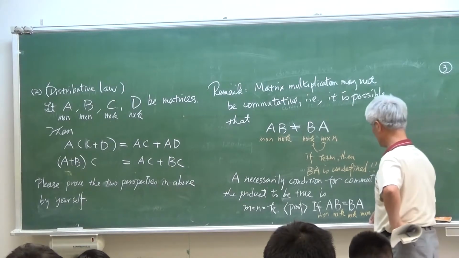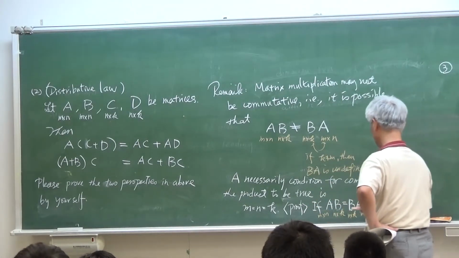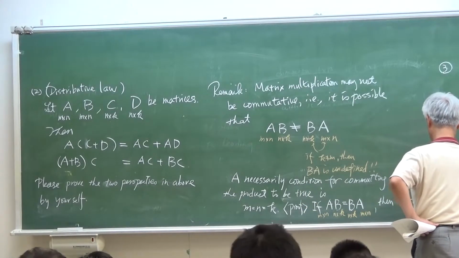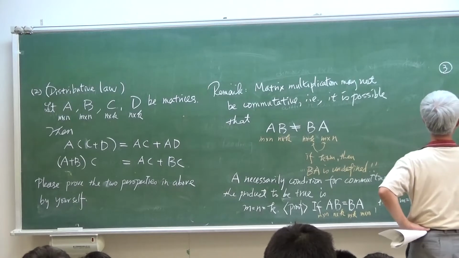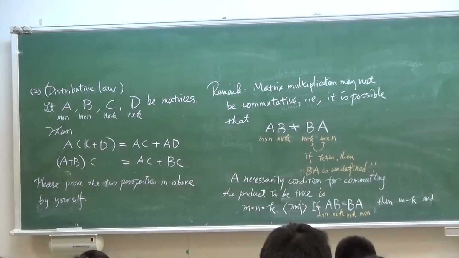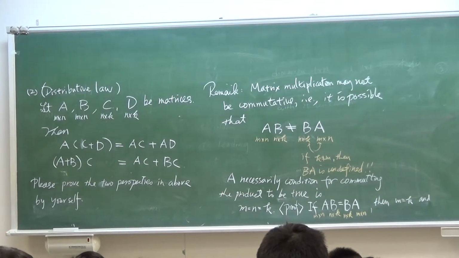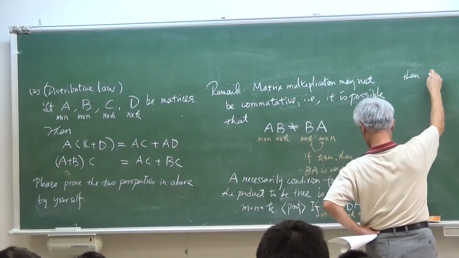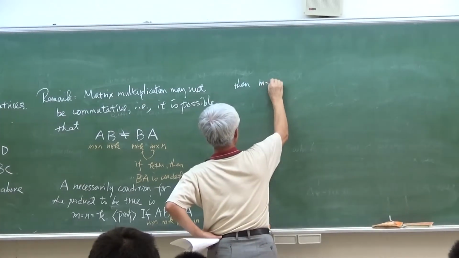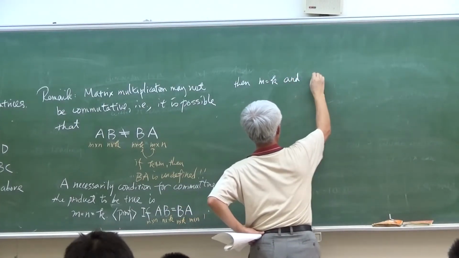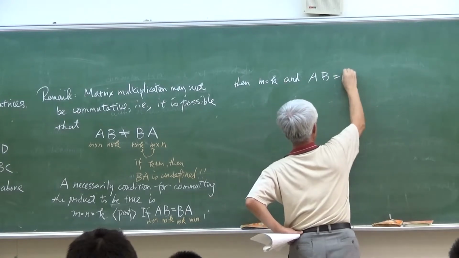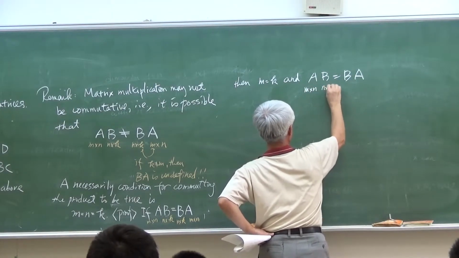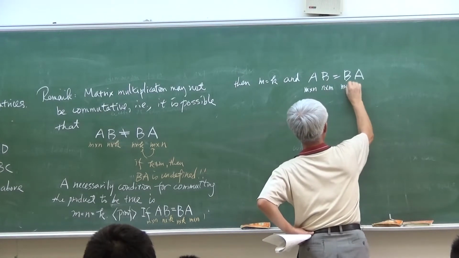But if m equals k, then from right here, AB equals BA becomes m times m, and this is m times m.